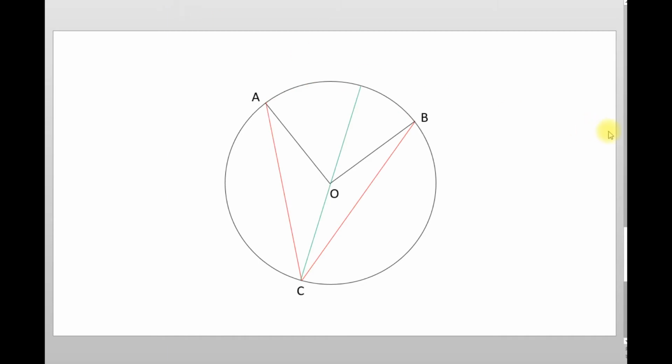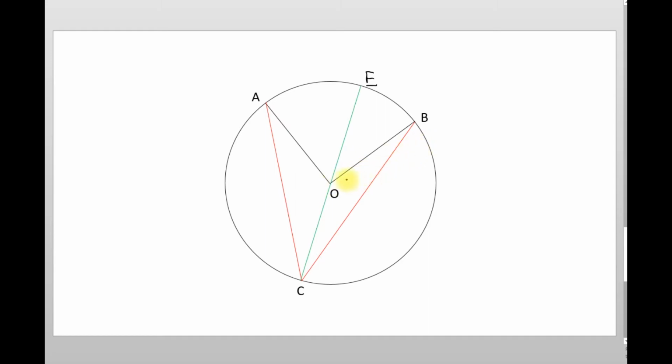Okay, supposing we have this diagram, we have a circle and AB is an arc of the circle. We want to show that AOB is twice the size of ACB. Now, let's call this point E for convenience.